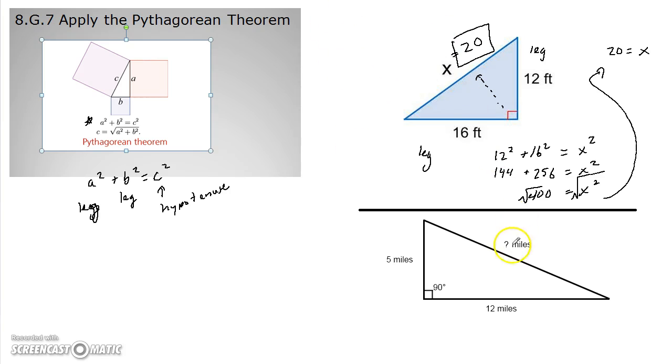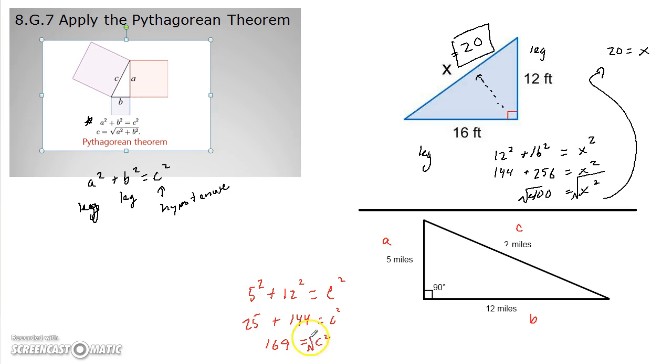So if I change colors, we can do this one down here. I usually call the shorter leg a and the longer side b, but you don't have to. And here's my c. So 5 squared plus 12 squared equals c squared. I think this one might come out nice as well. They don't usually come out this nice. 5 squared is 25, and we remember that 12 squared is 144, so 169 equals c squared.